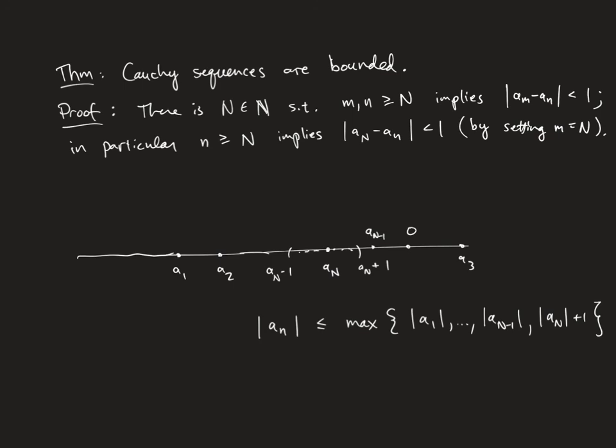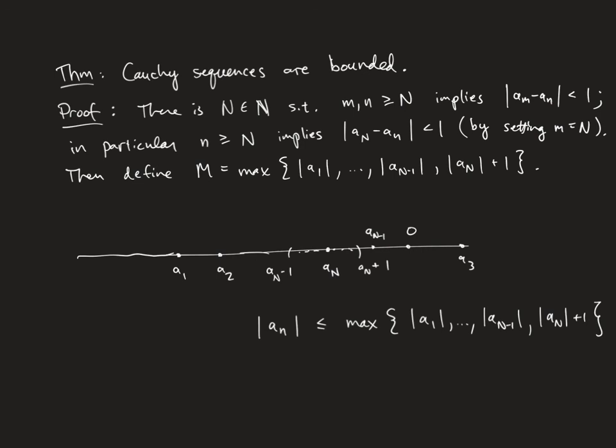Okay, so then define capital M, which is going to be our bound for our sequence, as the max of the absolute value of a1 up through the absolute value of a sub N minus 1, and then the absolute value of a sub N plus 1. And then we just have to say that the absolute value of the a sub little n's is less than or equal to this number.